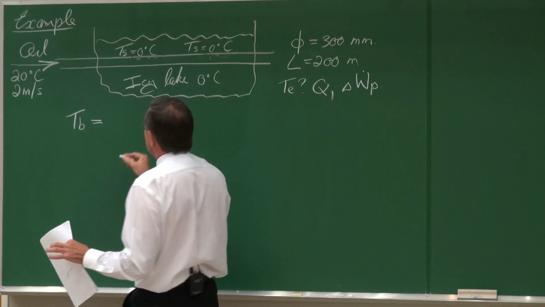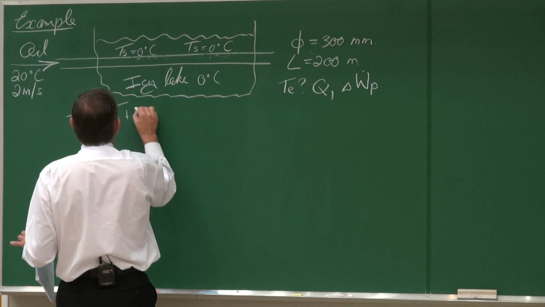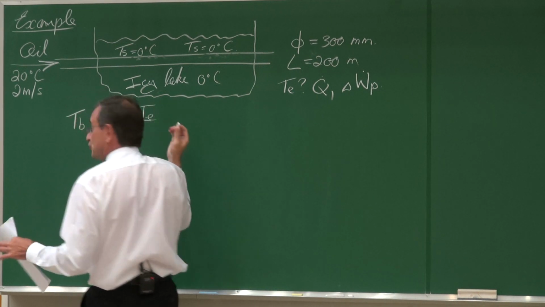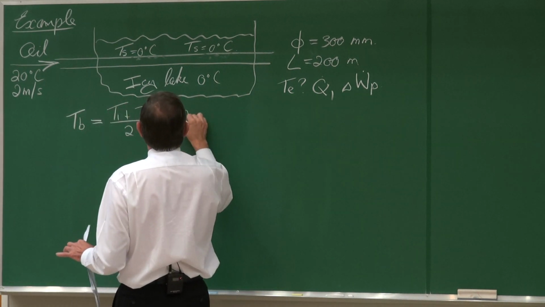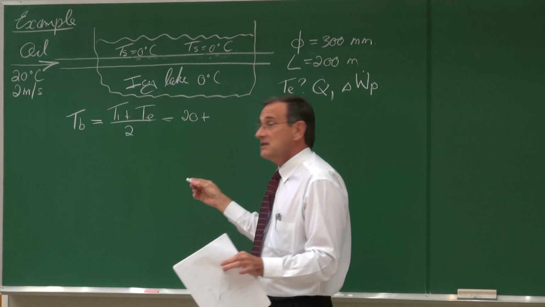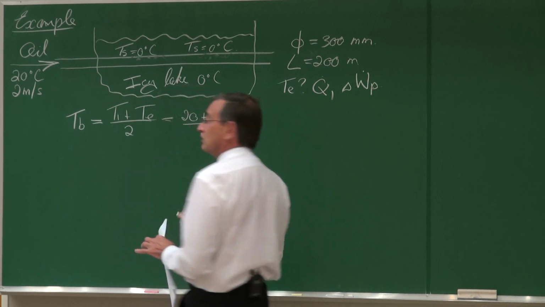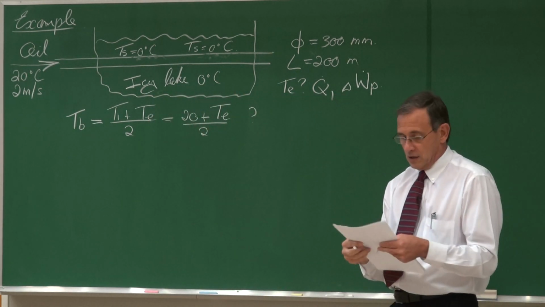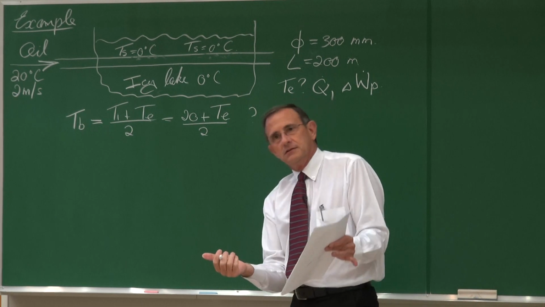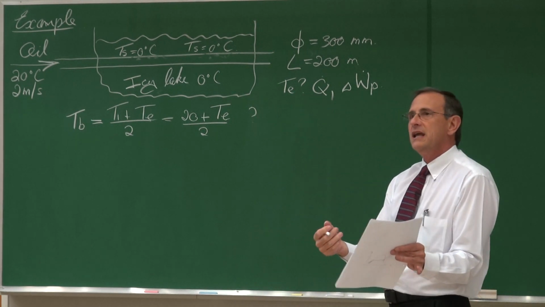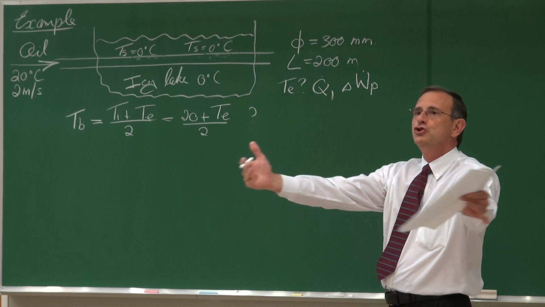And the bulk temperature is equal to the inlet temperature plus the outlet temperature divided by 2. Now the inlet temperature is 20, but in this case we do not have the outlet temperature. So what do you do? You take an educated guess. What would you choose?